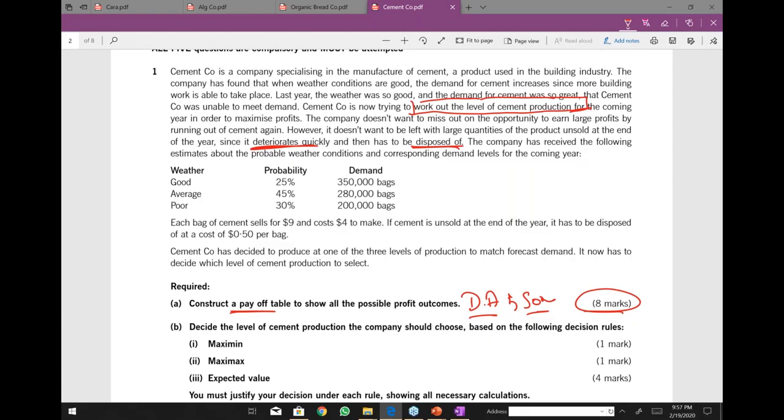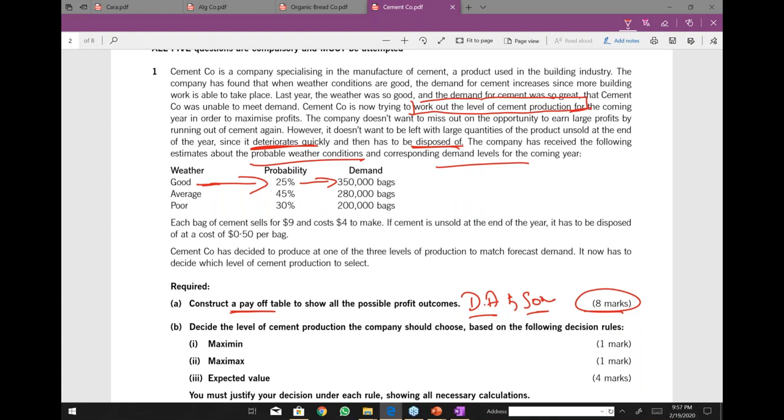Let's read further. The company has received the following estimates about the probable weather condition and the corresponding demand levels. Weather good has a chance of 25%, and if it is so, the demand will be 3,50,000 bags.